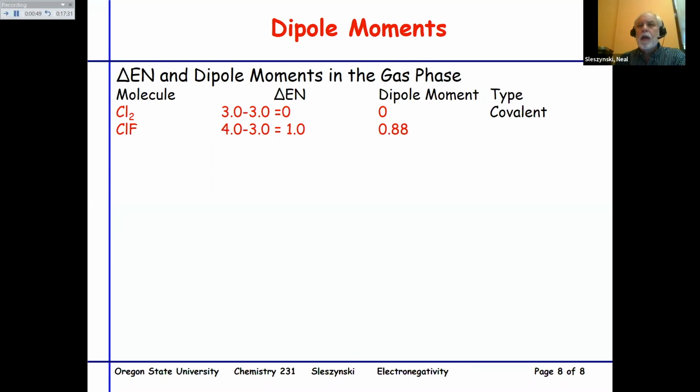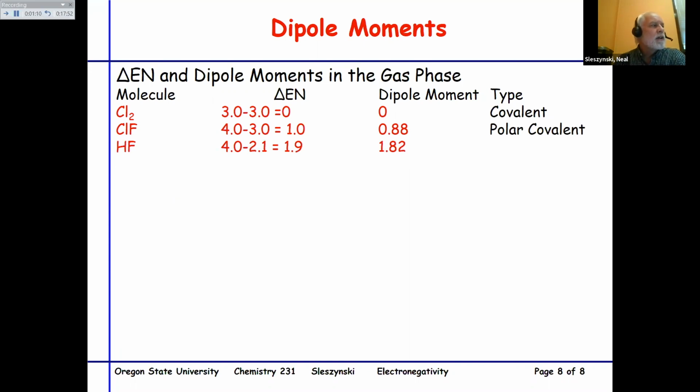If we take a look at molecules that have different elements and different electronegativities, we'll see the difference in electronegativity between chlorine and fluorine is 1. It has a dipole moment of 0.88, and we would probably define this as polar covalent.